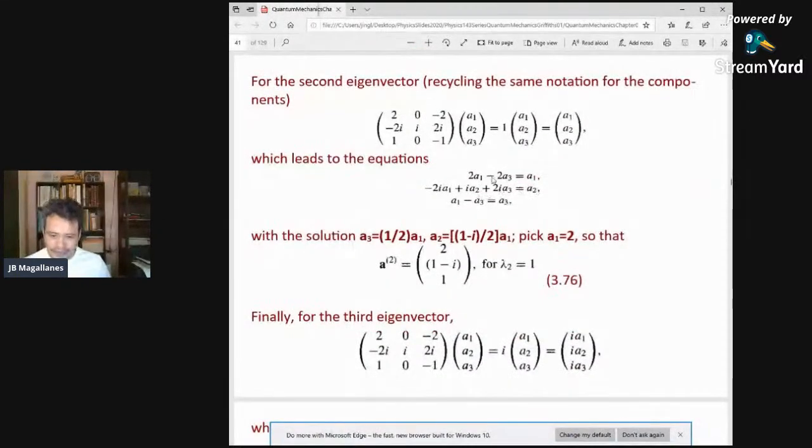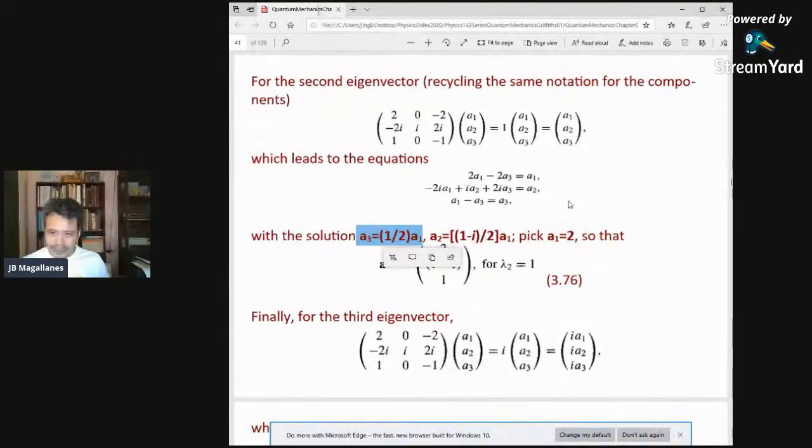In this case, if you transpose 2a1 to the other side, it becomes negative 2a3 equal to a1 minus 2a1. So negative 2a3 is equal to negative a1, so that your a3 is equal to 1/2 of a1, as given by the first equation here.